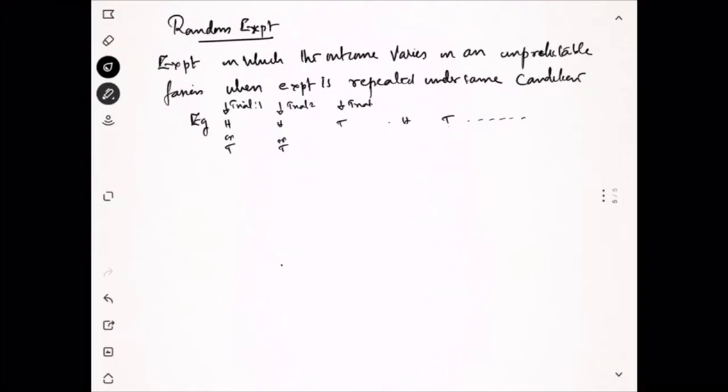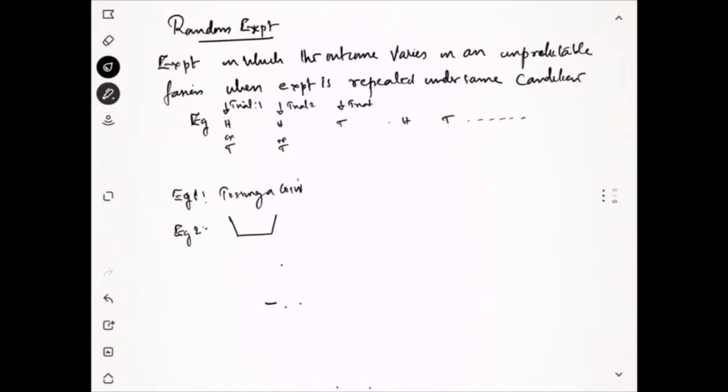So the different examples for the random experiments are, for example, example 1, which we have already discussed, tossing a coin. And next we can see another example, that is selecting a ball.